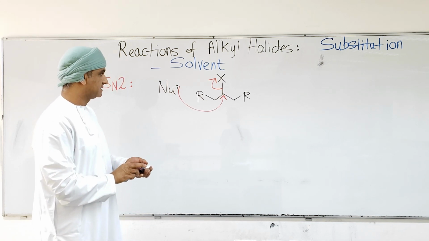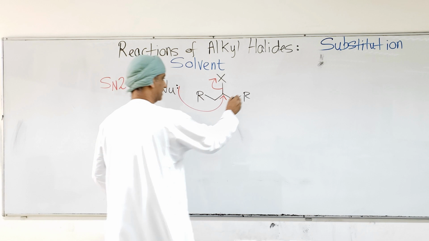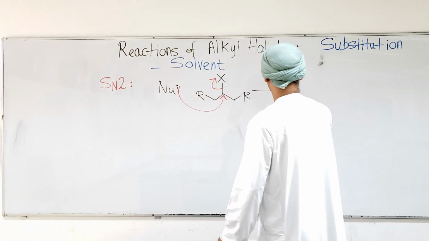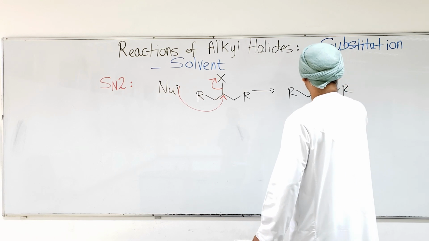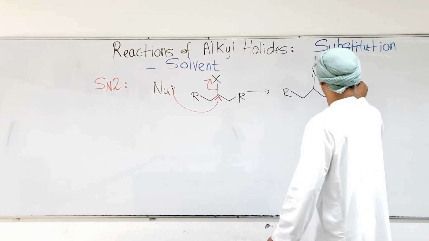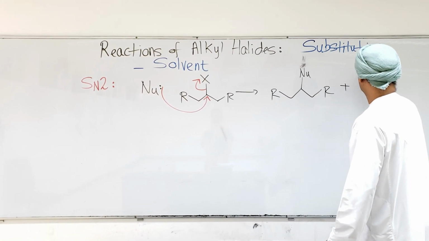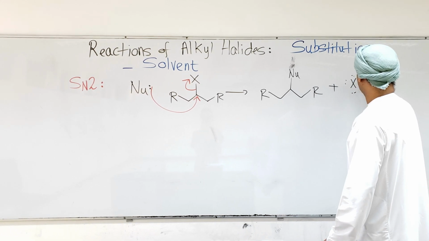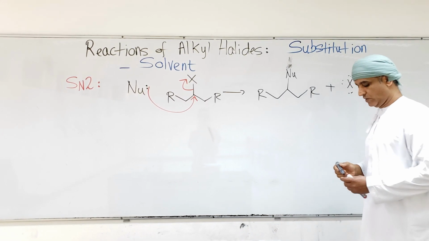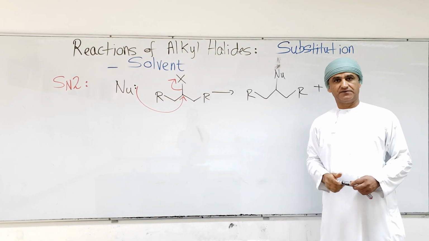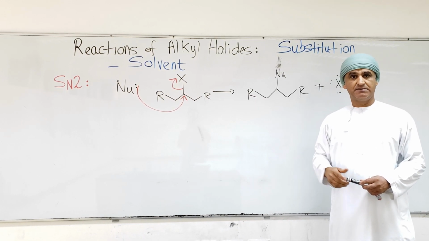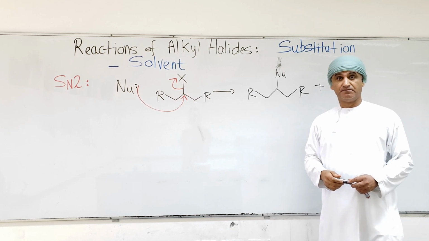The Sn2 reaction product is this substitution product, where X has been substituted by a nucleophile. Once again, nucleophilic attack and departure of the leaving group take place at the same time. It's a one-step mechanism reaction.